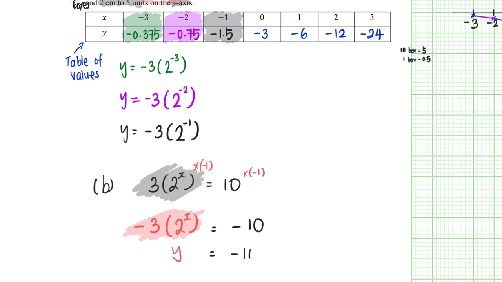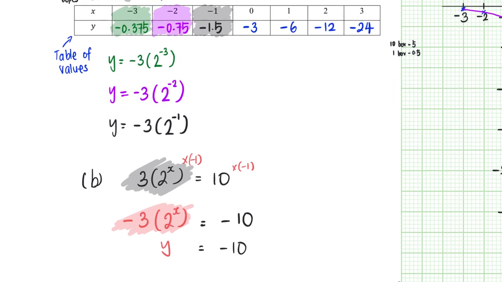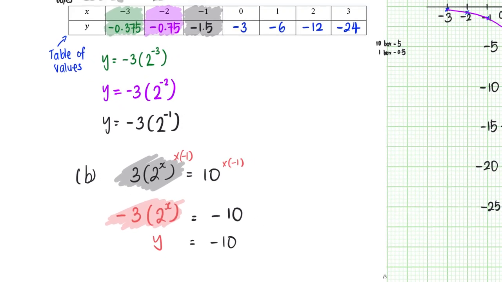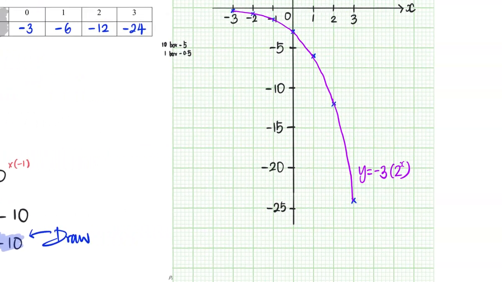So essentially, what this question is asking is what is the value of x when y equals negative 10? And therefore, to solve this particular question, we just need to draw this line, and this happens to be a horizontal line.